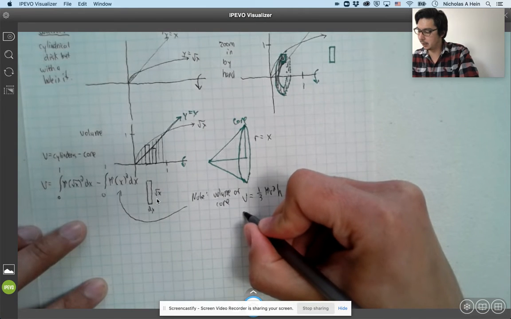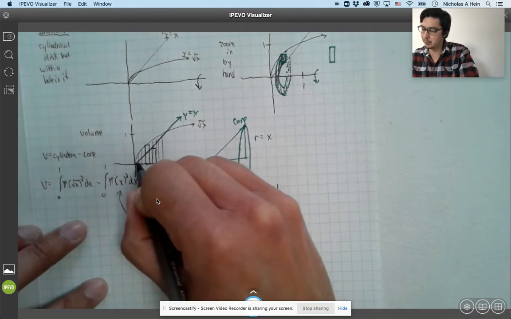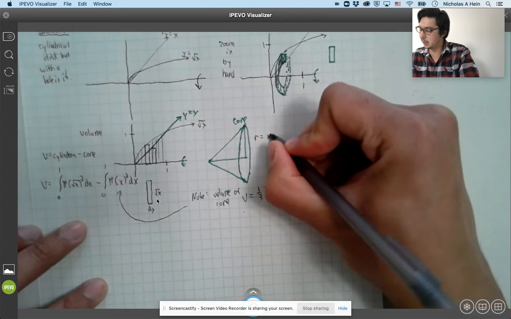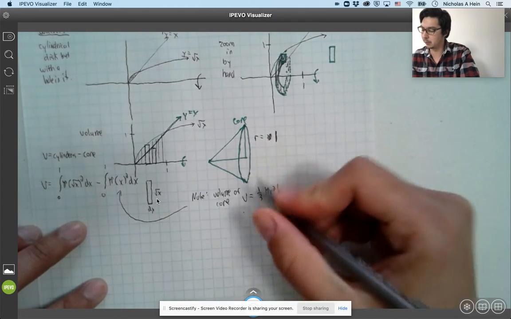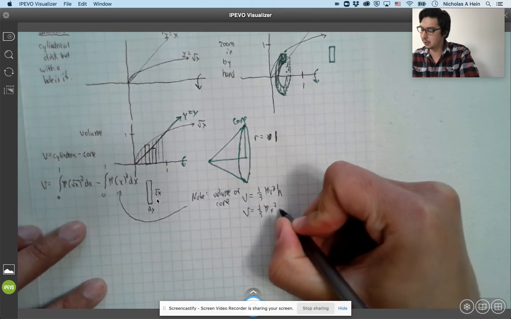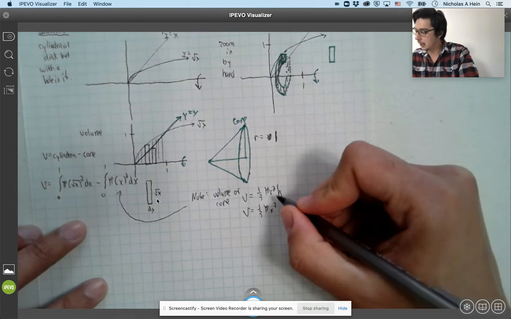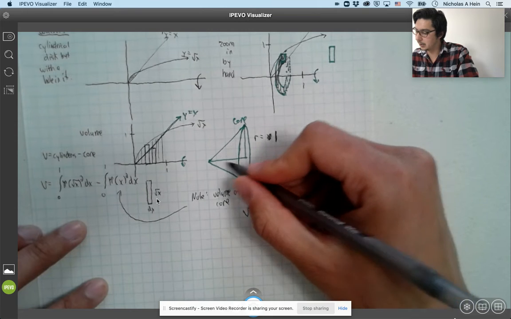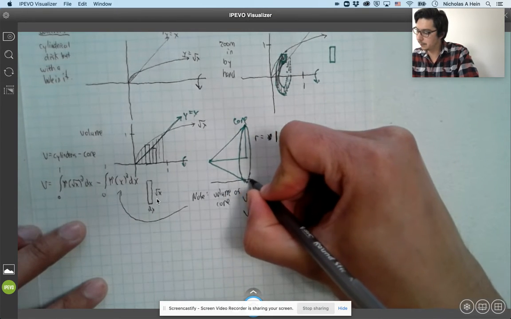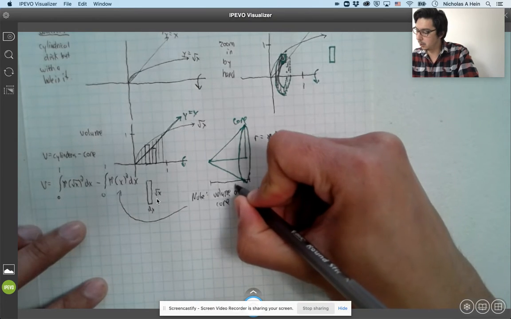So what we end up getting here, well, in this problem, the radius is actually 1. In this problem, radius is not x, it's 1, because we're going from 0 to 1. So the volume ends up being 1/3 pi r squared, and your height of this cone is 1 as well. The height of this cone is 1.